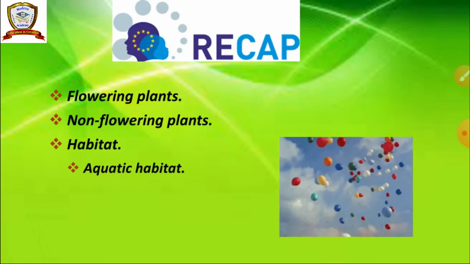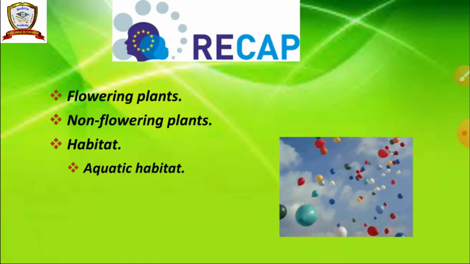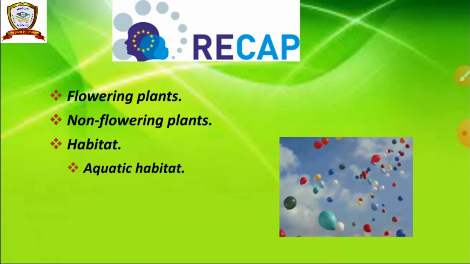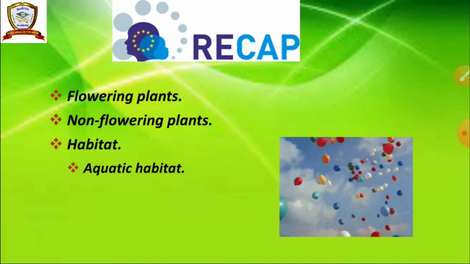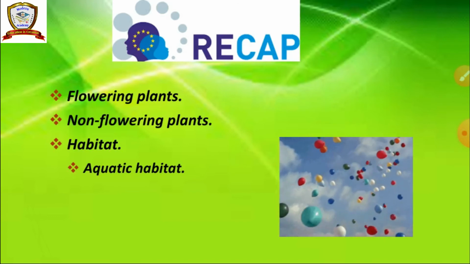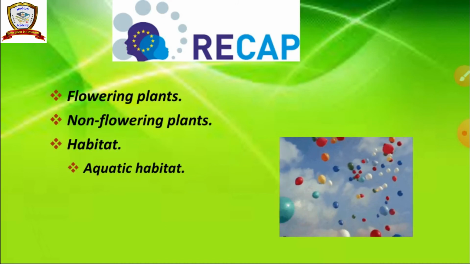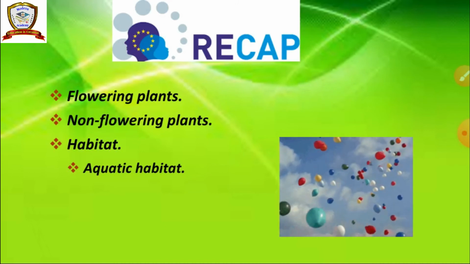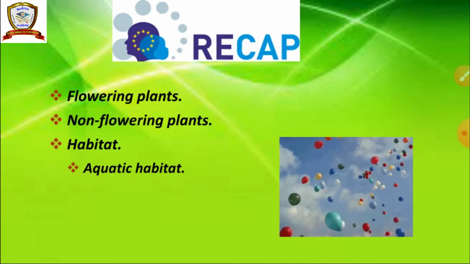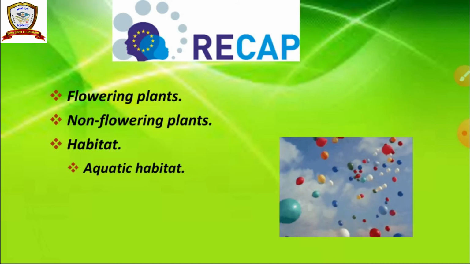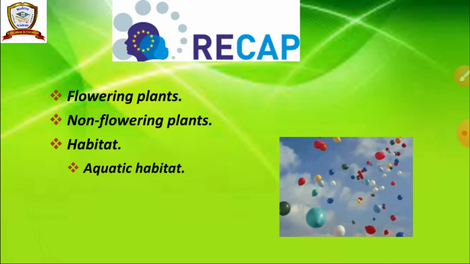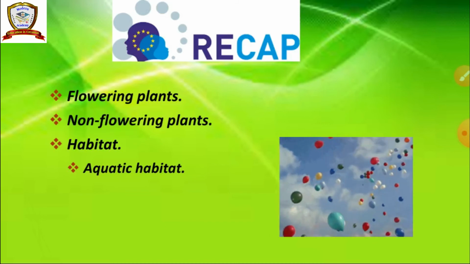And non-flowering plants. Non-flowering plants do not produce any flowers or fruits. That is why they are called non-flowering plants. Non-flowering plants are also called gymnosperms. The meaning of gymnosperm is naked seed. In the angiosperm, the seed is present in the vessel, which is the ovary.